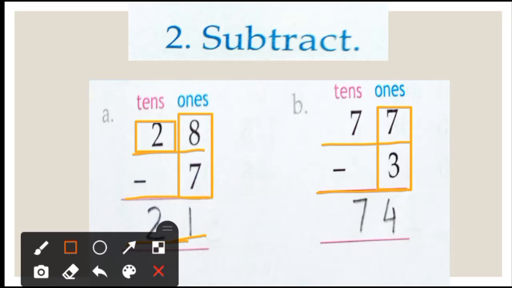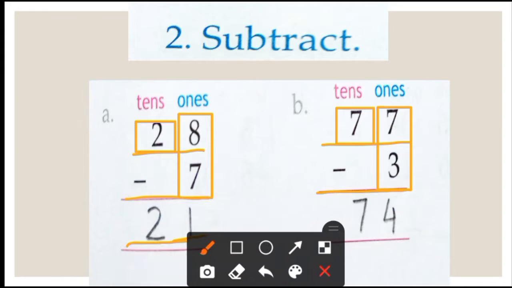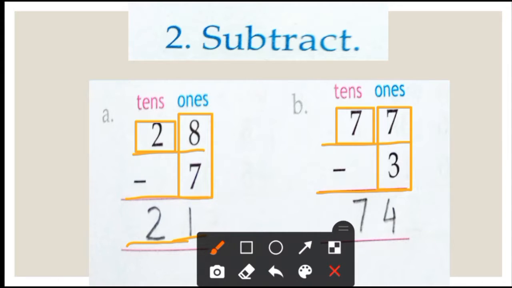In the tens part we have only a single 7. First of all we will start with the ones part. So now we will reduce, means subtract, 7 minus 3. Students, reduce also means subtraction.